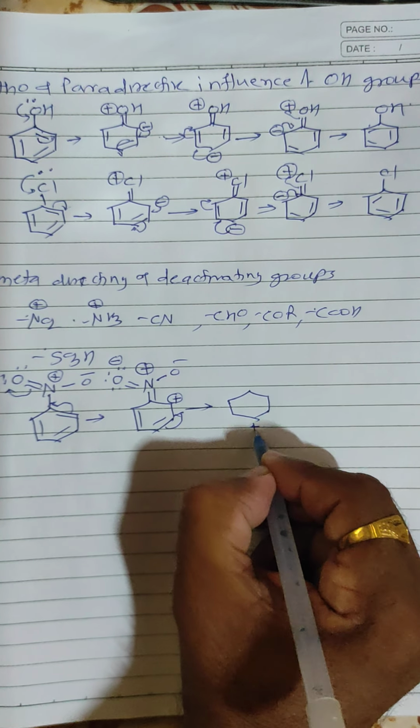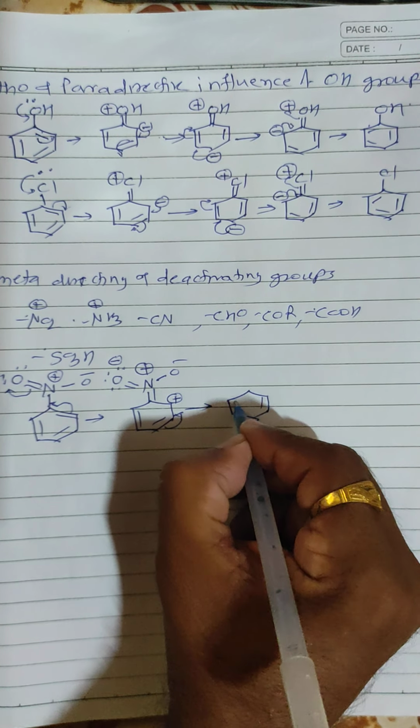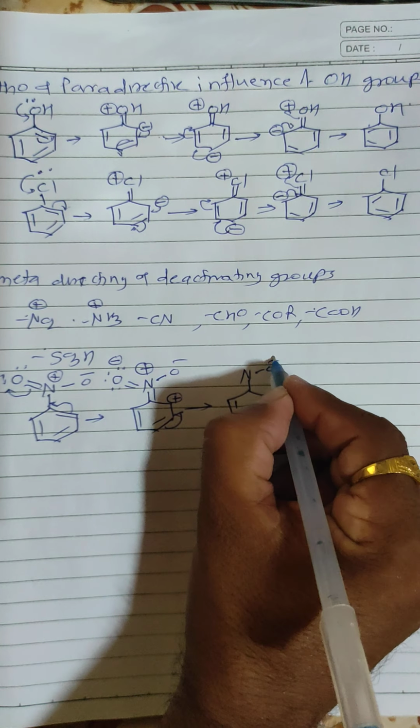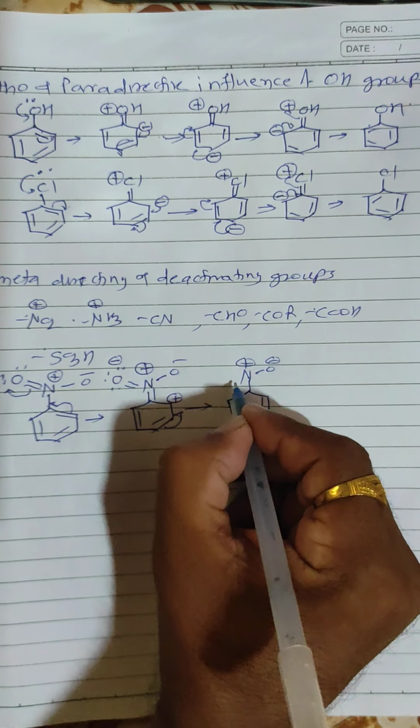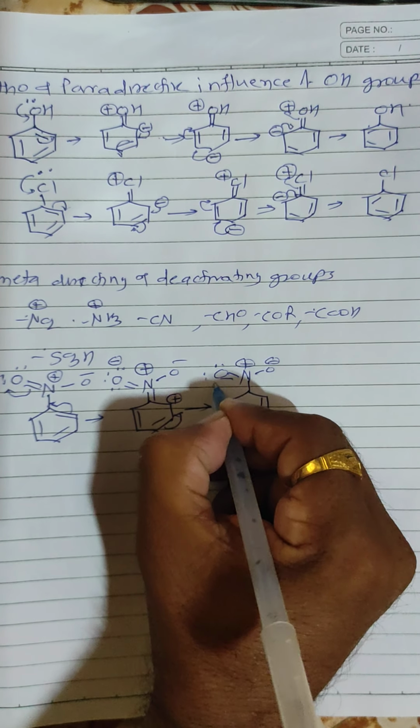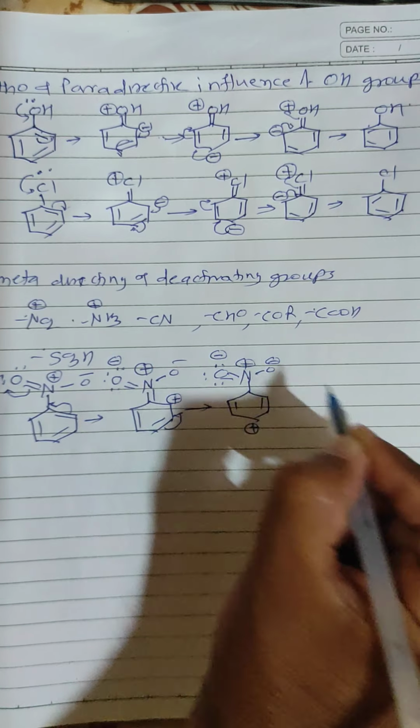benzene with positive charge, then N O minus plus, double bond O having three lone pairs of electron and negative charge.